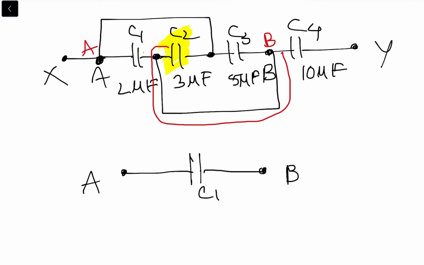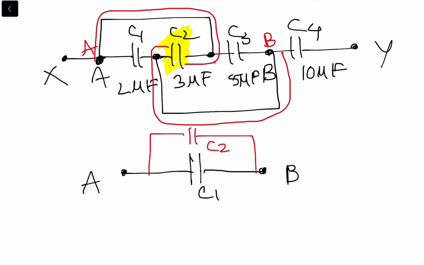Now one plate of C2 you connect to the point B. Another plate of C2 is connected to this point, which comes here and is again connected to A. So C2, one plate is connected to A, another plate is connected to B.